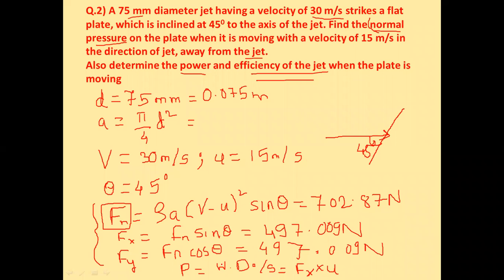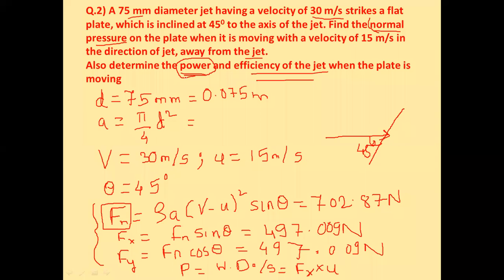We know the formula for work done per second, it is given. Power is nothing but work done per unit time, that is work done per second. Here we have been told to find work done per second, but the wording used is power. In the examination they will confuse you using different words.